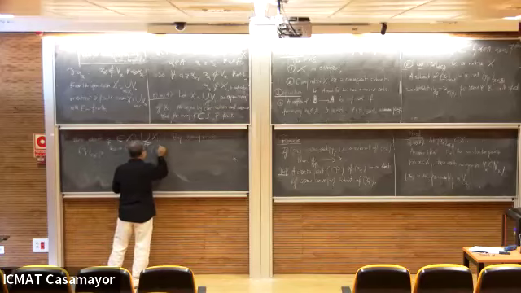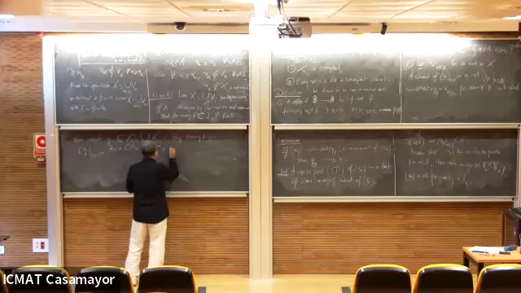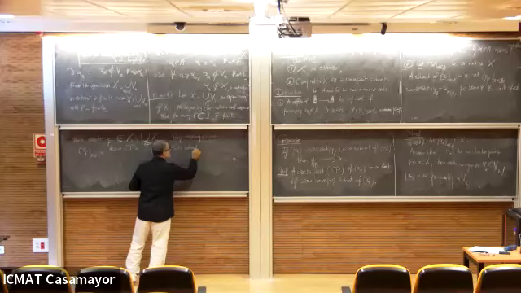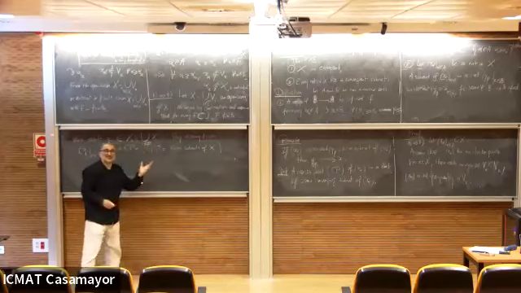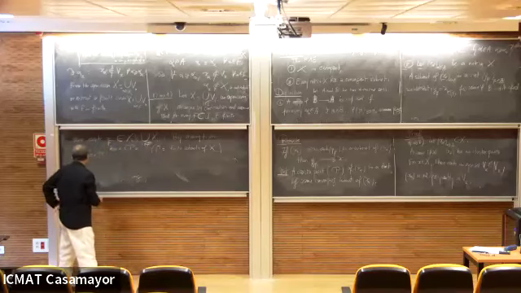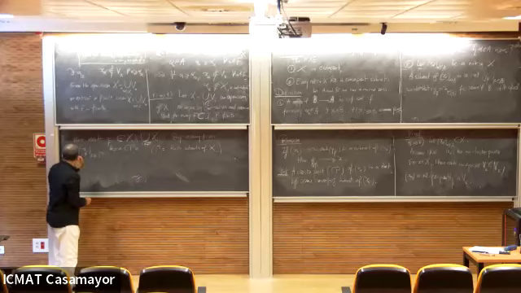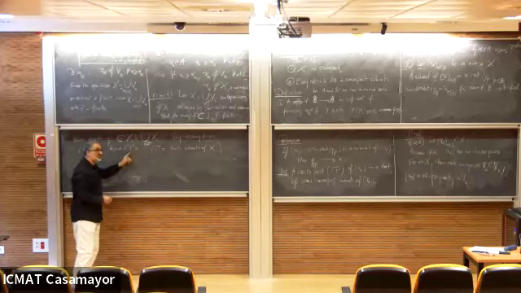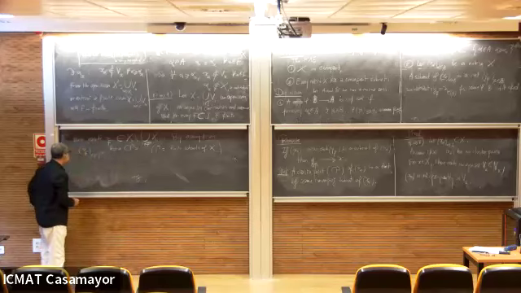Here gamma is the collection of finite subsets of x ordered by inclusion. Right. So x now is the cluster point of this one.